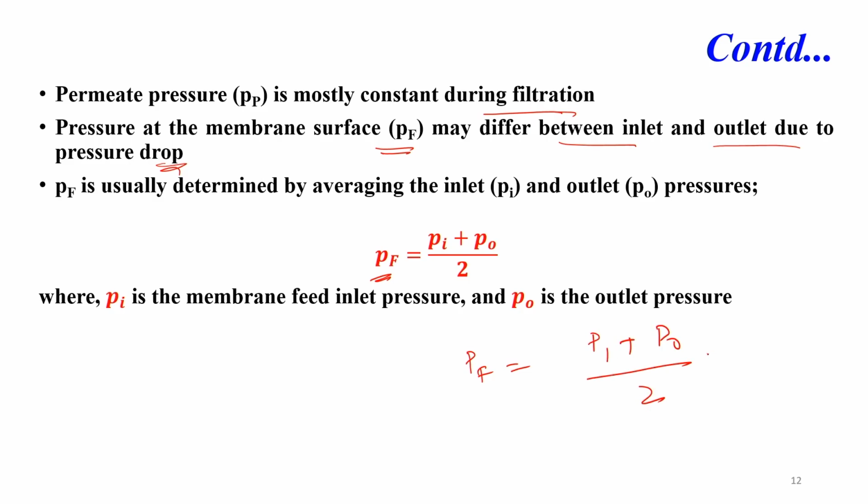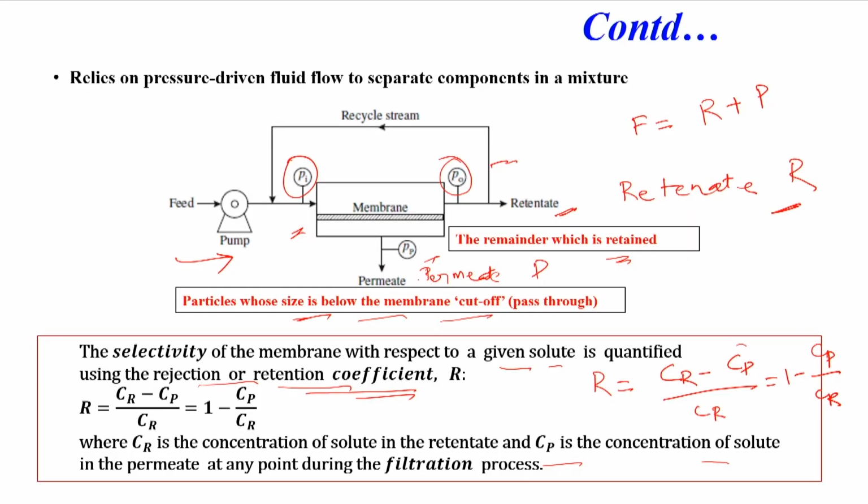If you remember the slide we discussed, there will be Pi, Po and Pp. So, Pf will be Pi plus Po upon 2, we are taking the average of these two, and permeate pressure typically remains unchanged.